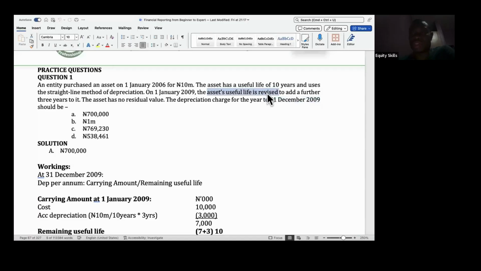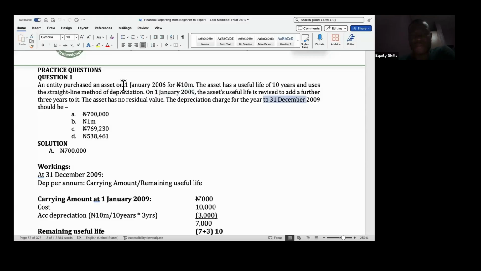The examiner wants to be sure that you know the impact of that on the calculation of depreciation. You will see the impact. So there's a flow here. So let's start from the beginning.